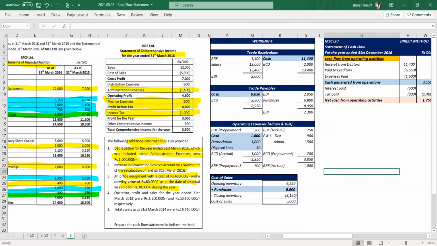Definitely not in the finance expense, so it should be in between the gross profit and operating profit. So you get the same answer as before. Everything else is the same. This part is the same.